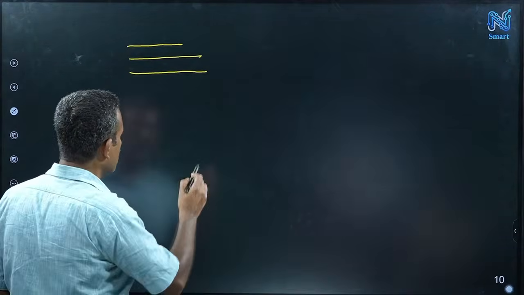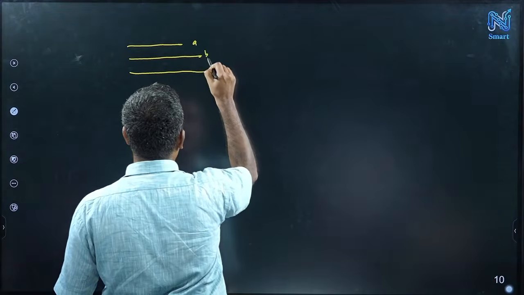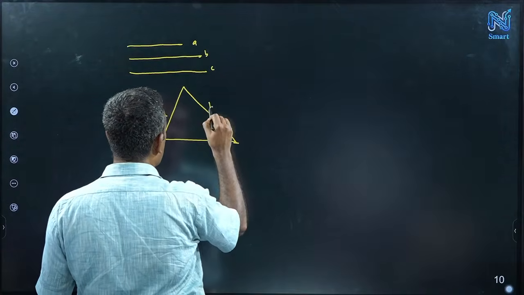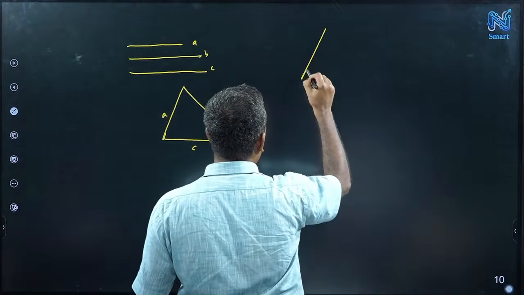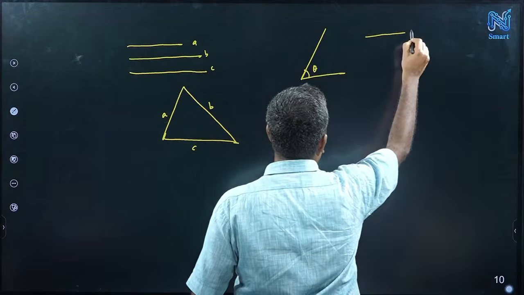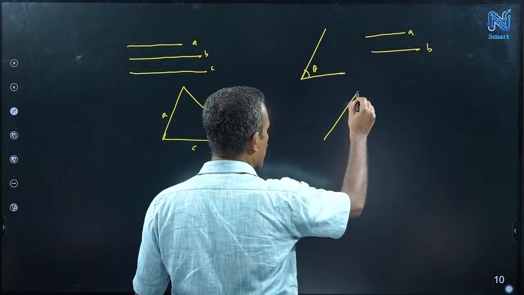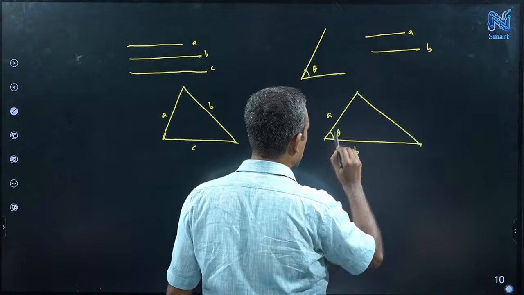Now the question is, some lengths A, B, C are given, and you have to construct this triangle with A, B, C. One more thing: we have an angle theta and 2 line segments A and B, and you have to construct the triangle with A, B and angle theta.